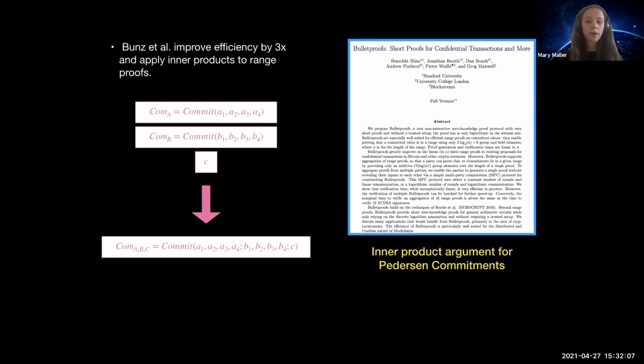Their trick is to say, okay, rather than having 2 commitments and an evaluation, why don't we have just 1 commitment which commits to all of the values and the evaluation at the same time, and then run the folding argument on that combined commitment.